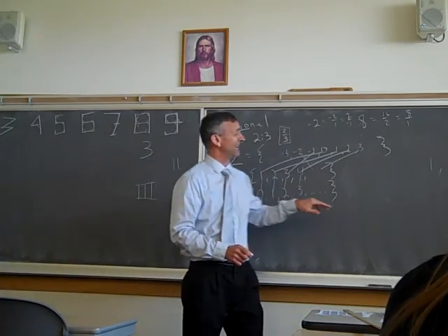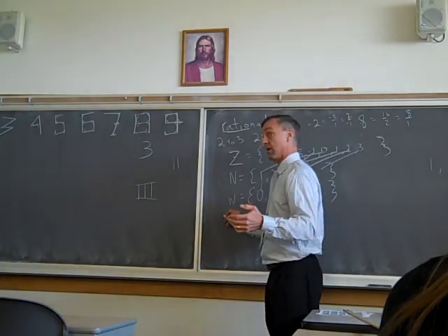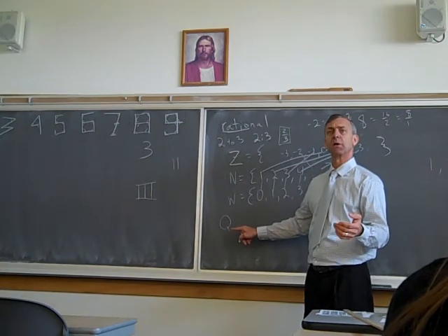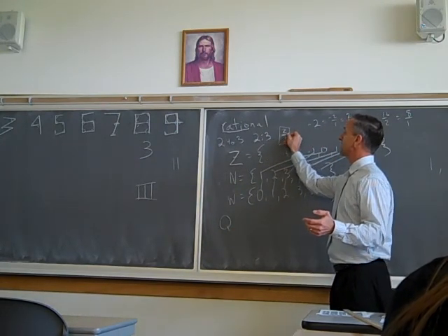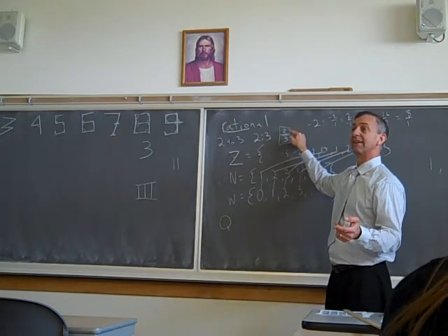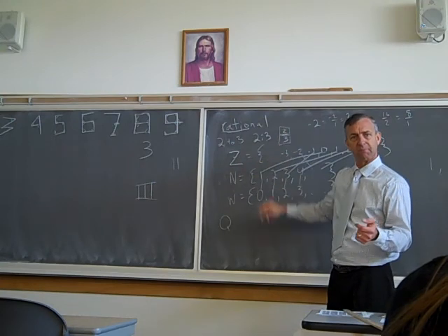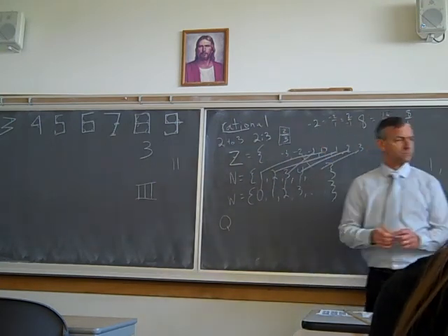But are the rational numbers? What letter do we use for those? Q. Everybody know why we use Q? Because when we write it as a fraction, one of the meanings of a fraction bar is what? Divide. So it's the quotient. That's why we use the Q there.